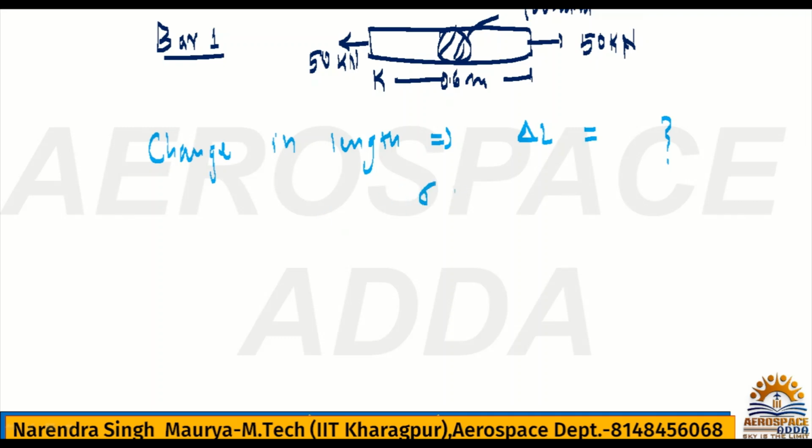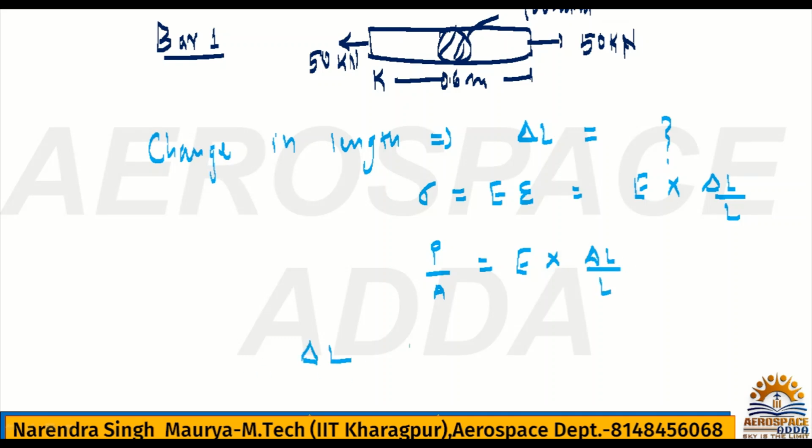We have sigma is equal to Young modulus into strain, epsilon. That is the formula as per Hooke's law. So capital E Young modulus, and strain is nothing but change in length delta L by L. Okay. What is the sigma? Sigma is nothing but load by area, P by A is equal to Young modulus into delta L by L. So from now onward, you always remember change in length. Already I have discussed in previous classes.